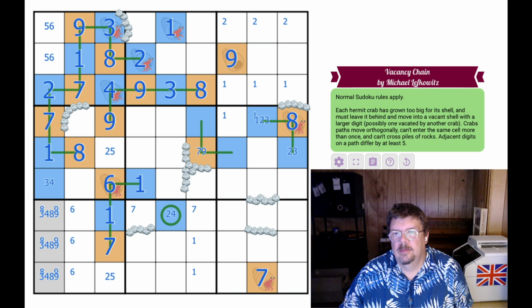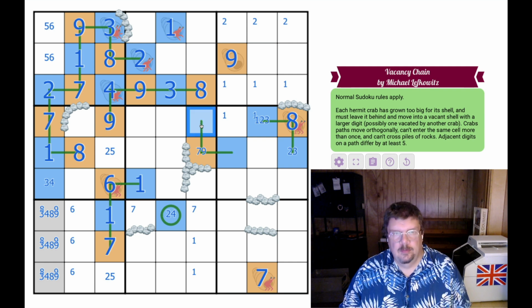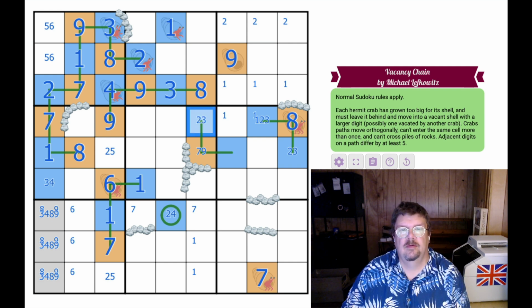Let's put some pencil marks in. That can't be a 1. That's 2, 3, or 4. That is 2, 3, or 4.